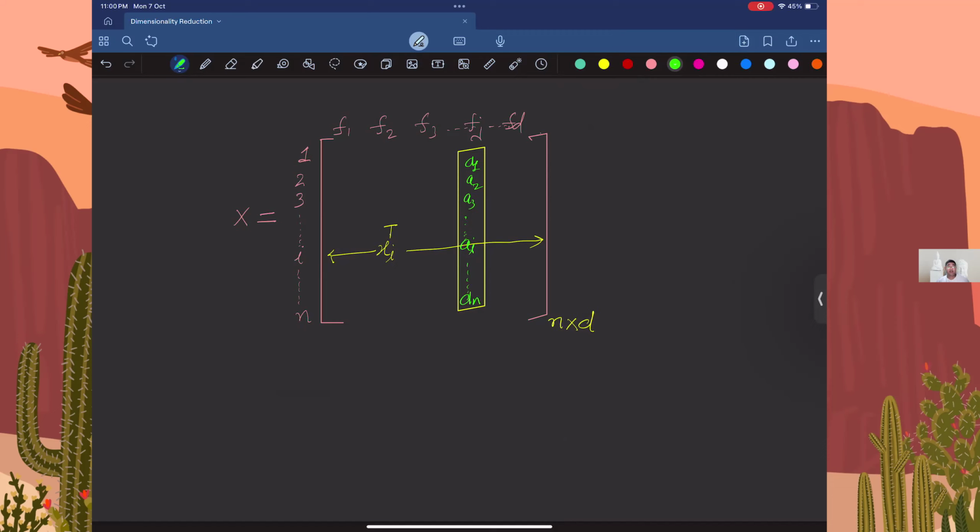So these are the n values of feature j. Similarly, I have other columns also, like F2, F3, F4, and so on. I'm just showing you how to do column standardization for one column. The same thing needs to be done for the other columns as well.